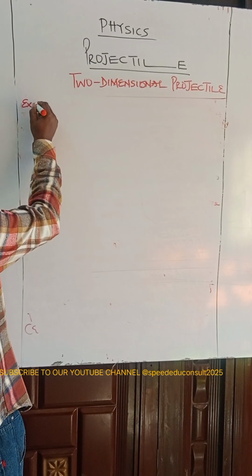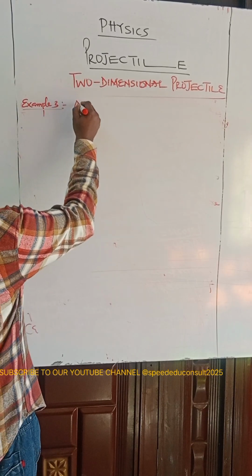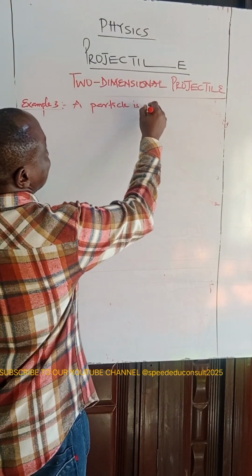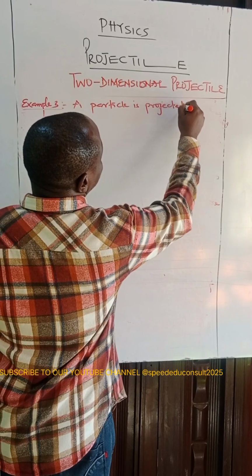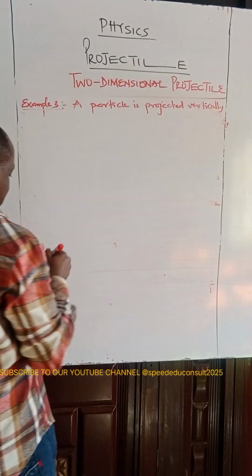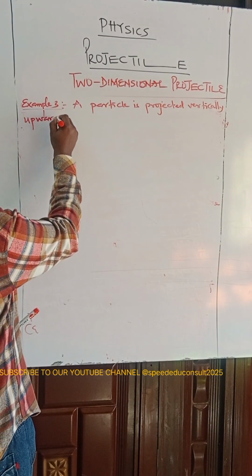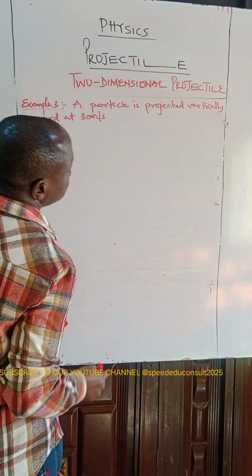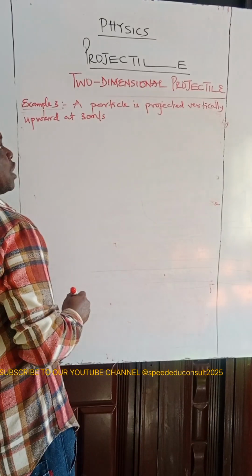Okay, let's give example 3. A particle is projected upward at 30 meter per second.